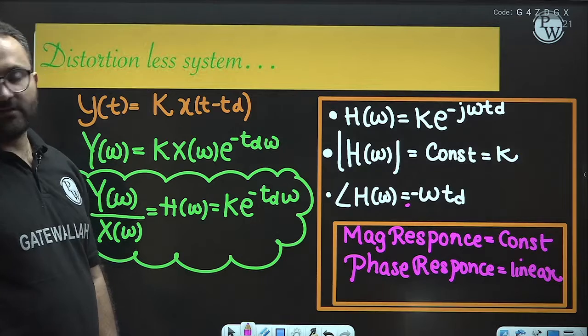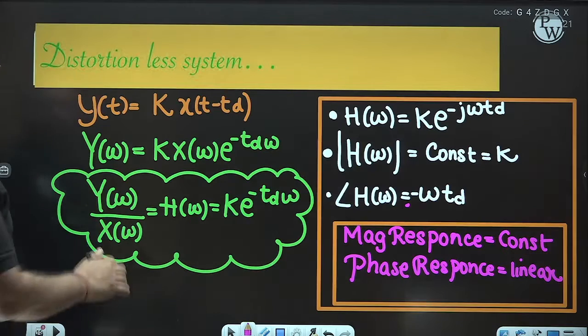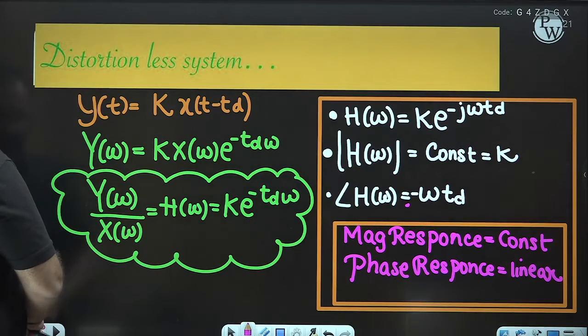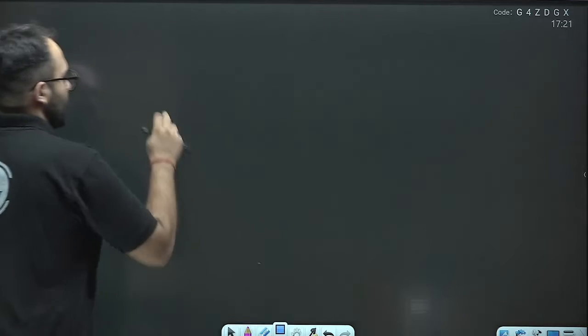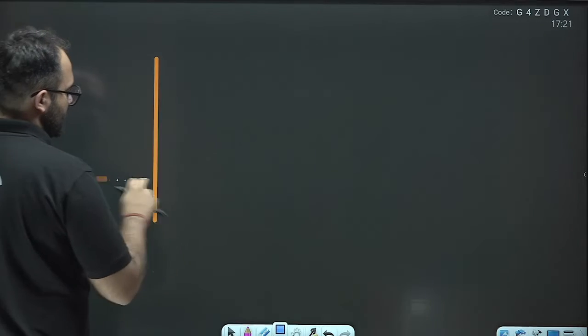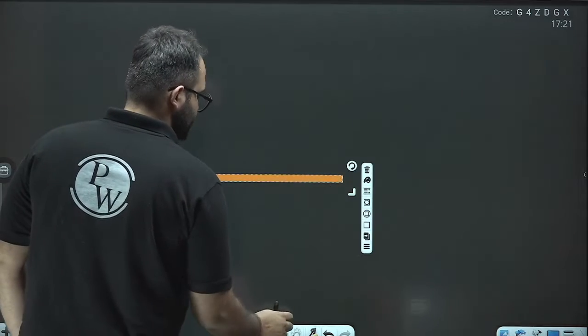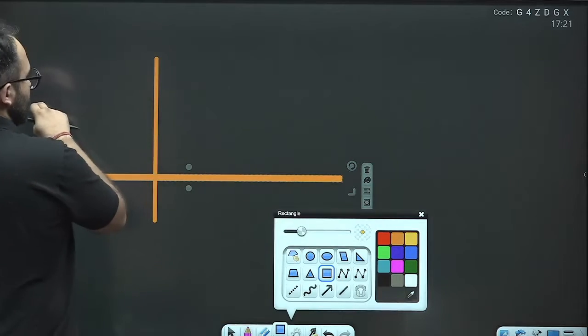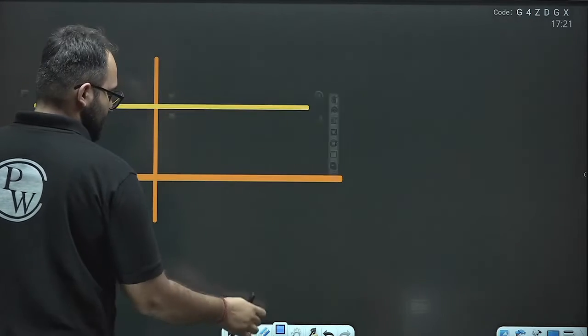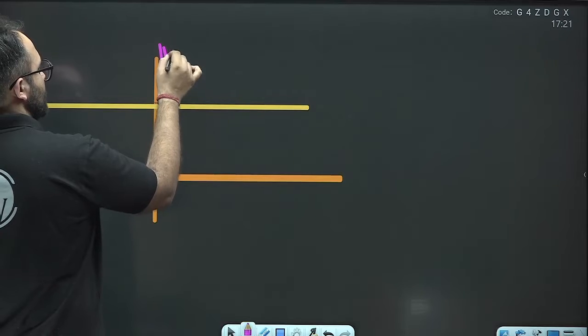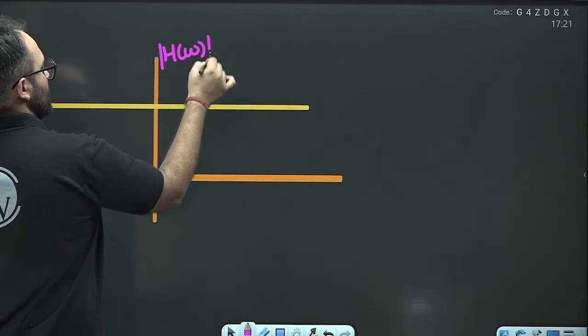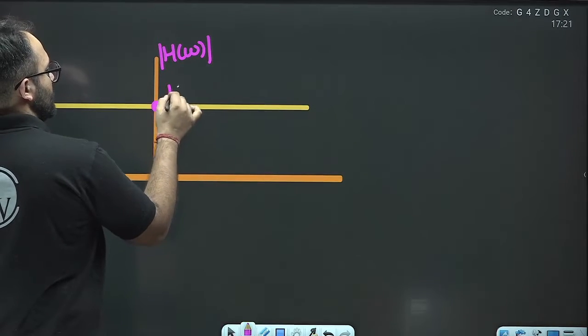So we can see this with the help of a figure also. If we draw the magnitude response, it is a constant, right? Magnitude of H(omega) is a constant k.